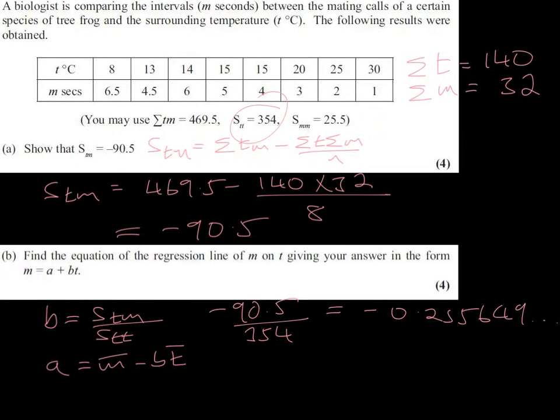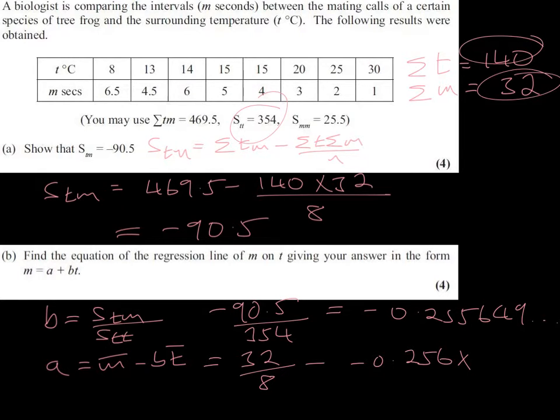0.255649, something like that. Then in order to work out A, we need to work out M bar. So if we've got sigma M up here, M bar is just going to be sigma M over N, which is 8, minus B, which we've said is minus 0.256, multiplied by T bar, which again is going to be sigma T over N, which is 140 over 8.